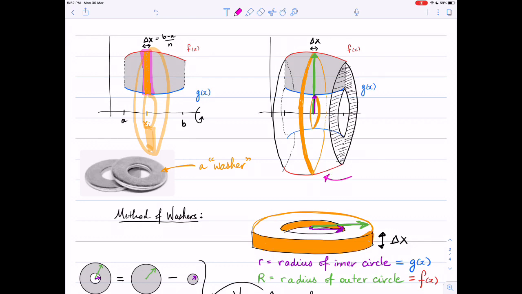This is the analogous object to a disk, except it's got a hole in the middle. When it's got a hole in the middle, that object is no longer called a disk, but a washer. For those of you who don't know what washers are, they are these kinds of objects.